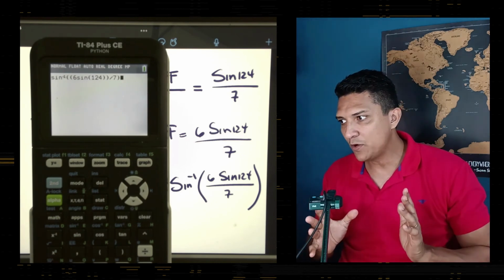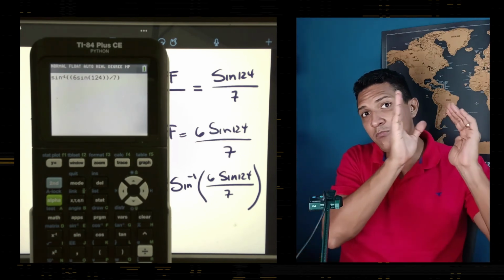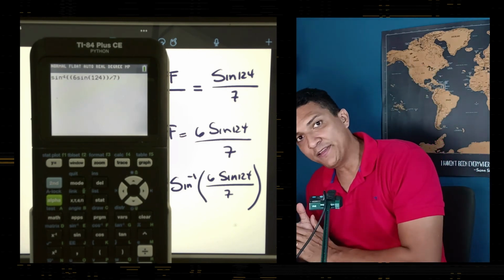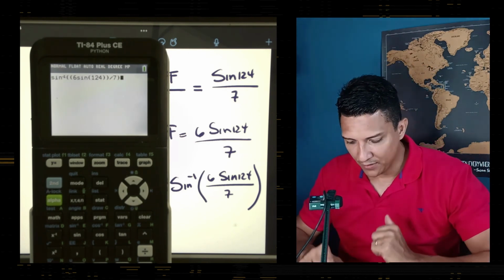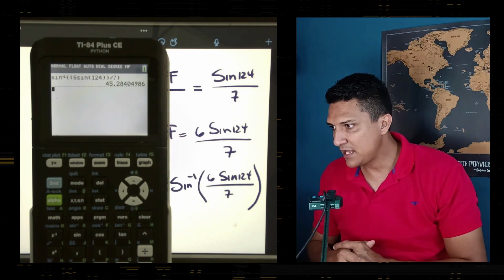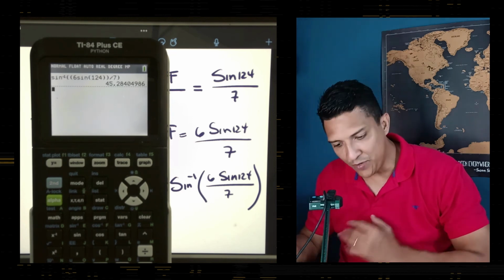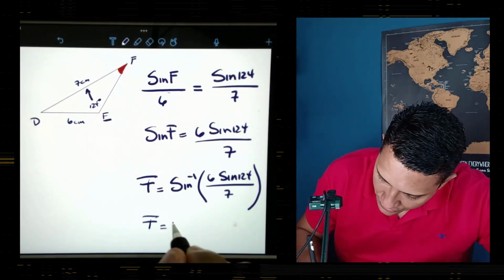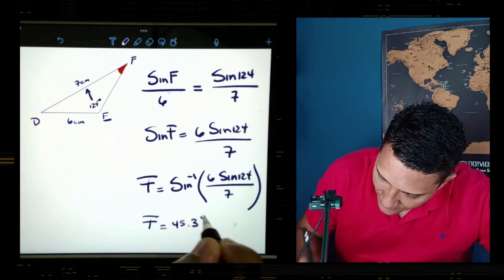A key when you're working with calculators is that the same number of parentheses that you have opened is the same number of parentheses that you should close. Now enter, and the angle F is 45.3, rounded to 3 significant figures. So angle F equals 45.3 degrees.